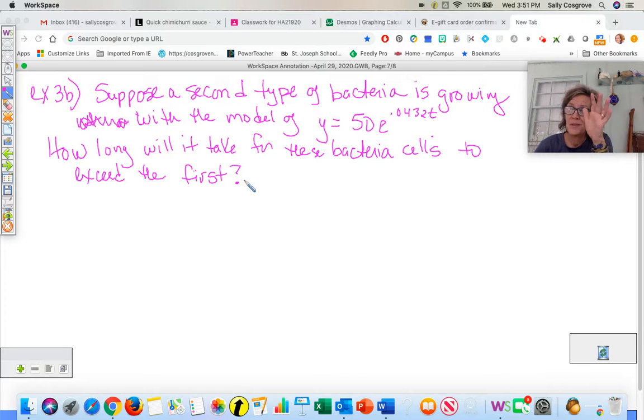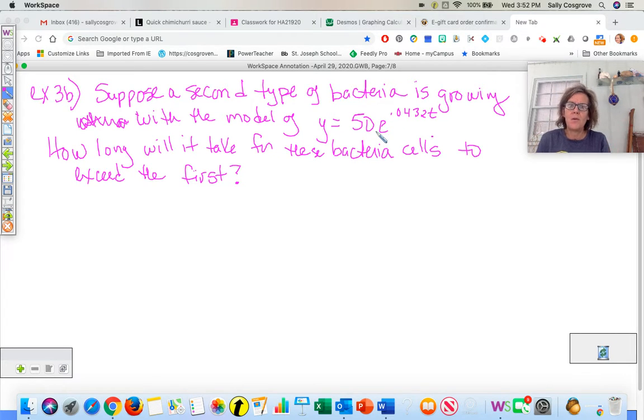So you got those original 1,000 cells that were growing with a growth rate of 0.01252. And then you have this second bacteria, and its initial amount was 50. But notice the growth rate. It's a larger number. So that means it's growing faster.